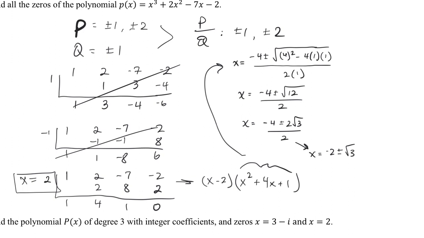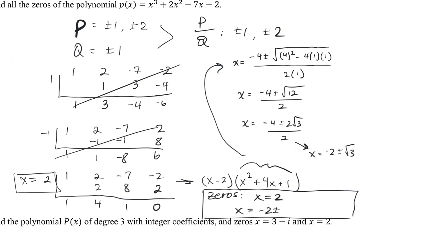So then our zeros are x equals 2 and x equals -2 plus or minus the square root of 3.